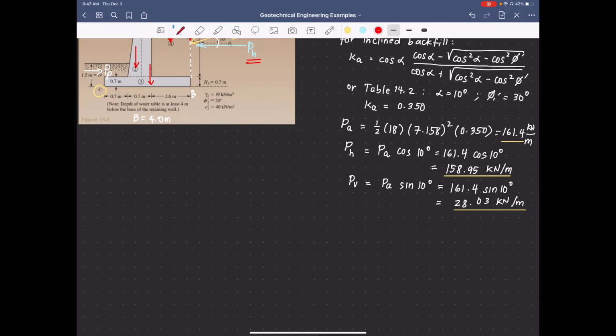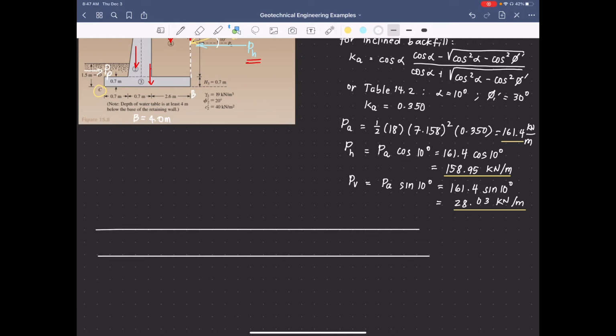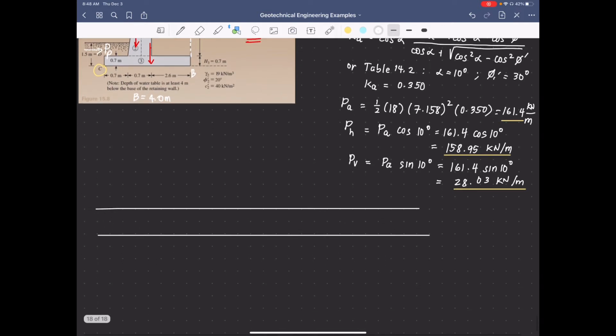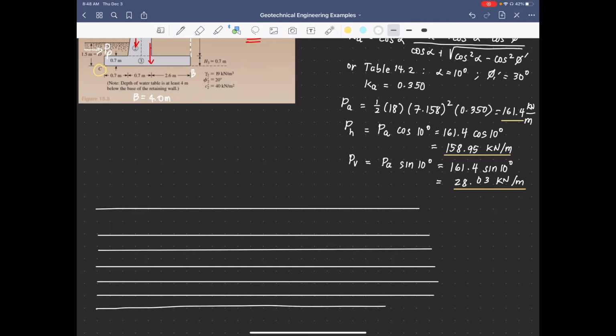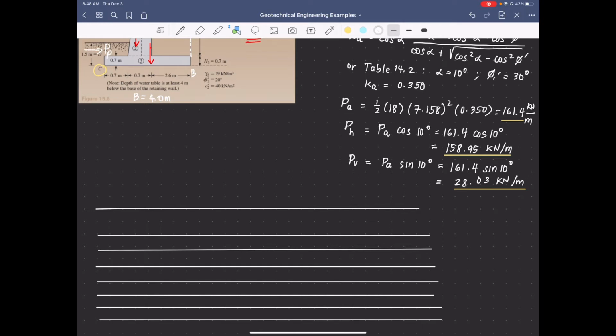We have 5 sections plus the vertical component, so let's have 6 rows: 1, 2, 3, 4, 5, and 6, with the P sub V section.